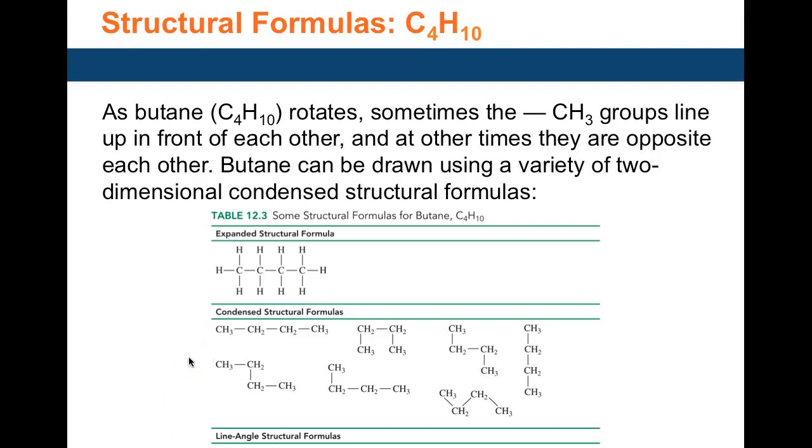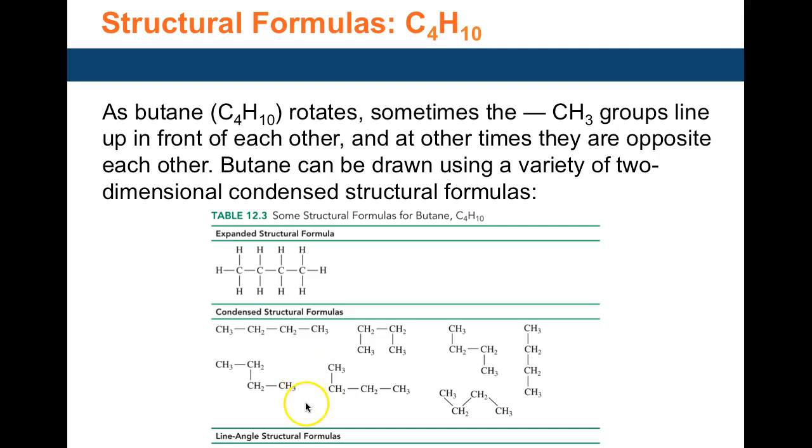So butane, for example, if you write it flat like this, is the expanded structural formula, and then you can write the condensed structural formula in several ways. You can write it in a continuous chain, all in a straight line, or zigzag like so, or from top to bottom, or with two like this forming an L shape and then one coming down, or like an open square type of shape, and so on.